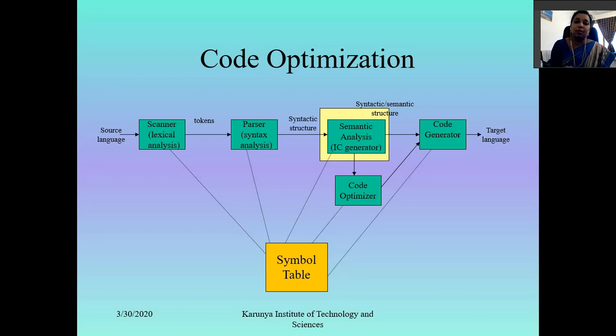Now this code optimization phase is an optional phase. In certain compilers, the code optimization phase is built in during the compilation process itself. For certain other compilers, this code optimization phase is given as an option. So if I add that option while I compile, then you can optimize your code.